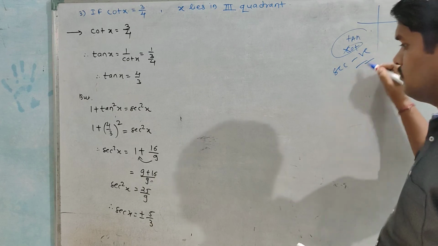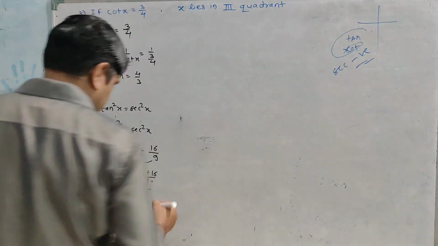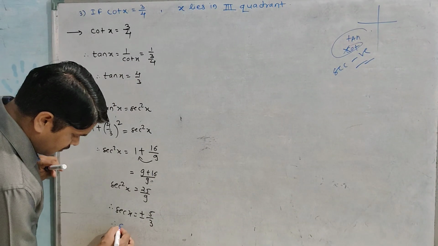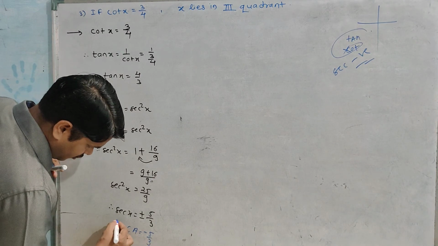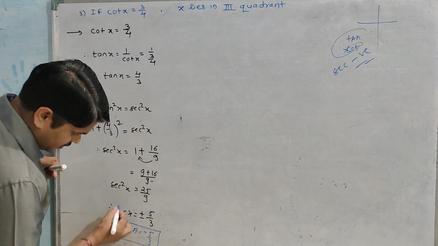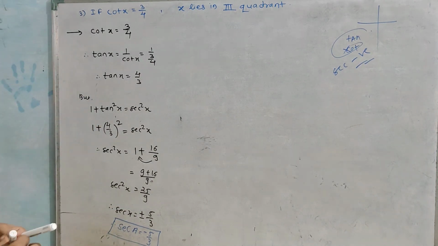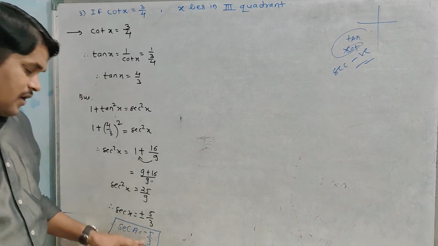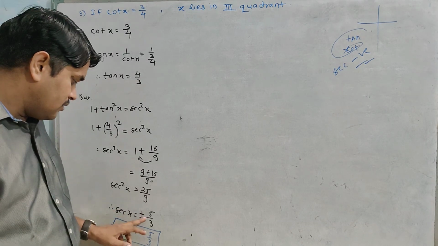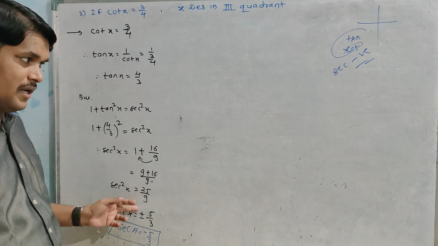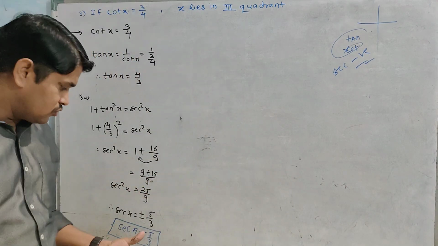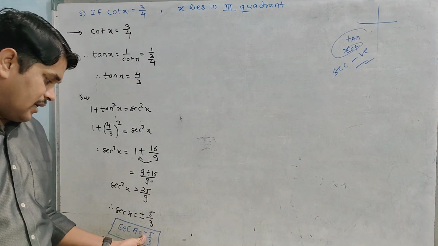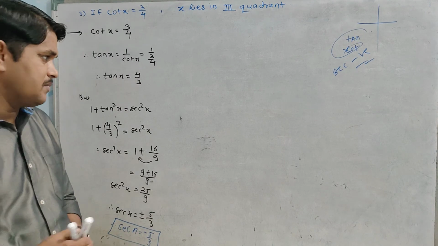Sec is negative. Therefore, sec A is equal to minus 5 upon 3. Did you understand? We take the negative sign because we have two values, plus and minus, but in the third quadrant sec is negative. So we take the value of sec A as negative. So we get minus 5 by 3.